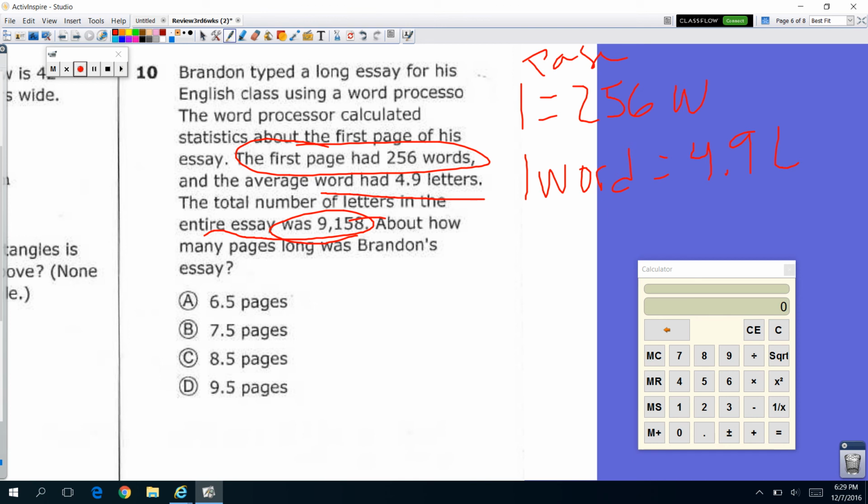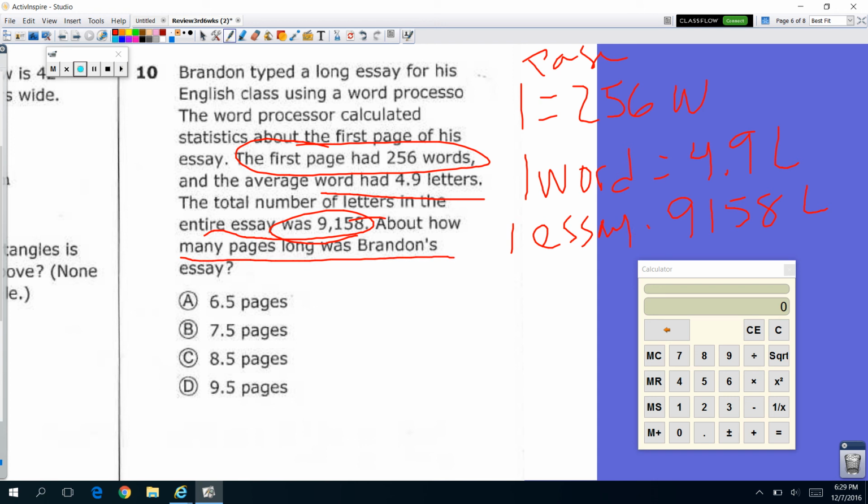So the entire essay had 9,158 letters, the whole essay, one essay, had that much. So the question is about how many pages was Brandon's essay.